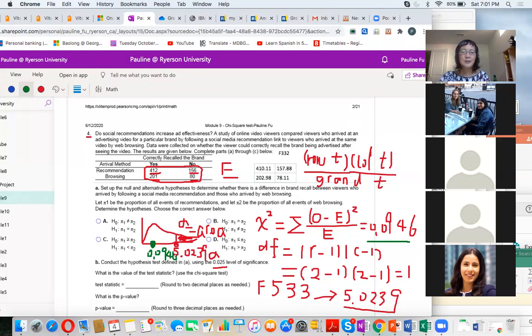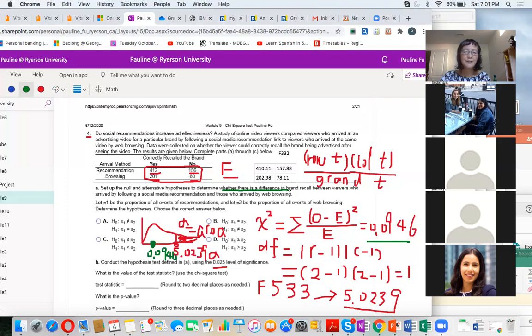Okay, but what is my H0? You go back to here, A, B, C, D. You select H0. The question asks you, there are two proportions here. The question is whether there's a difference in two proportions.